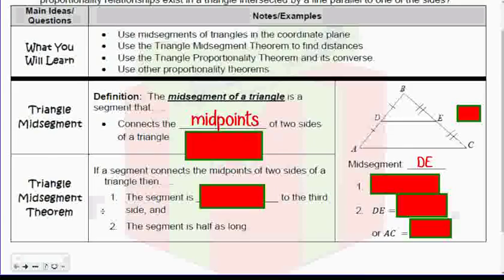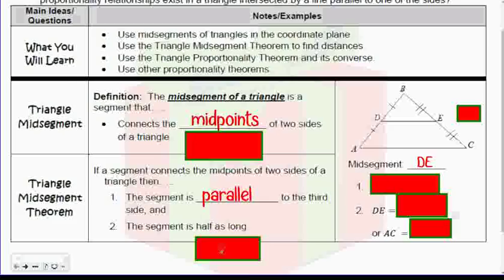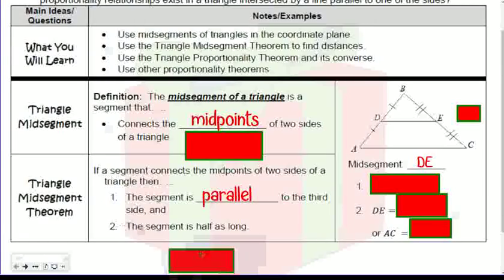The theorem states that if a segment connects the midpoints of two sides of a triangle, then that segment is parallel to the third side. So it connects two sides and it's parallel to the third side, and it is half as long.